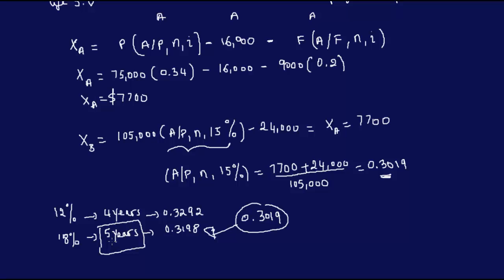If this was 0.32, or if this was 0.33 maybe, then I would use 4 years, right? Because the 15% is between these, and I'm just trying to see which one the AP is closer to, because I know it's either 4 or 5. It can't be 4 point something.